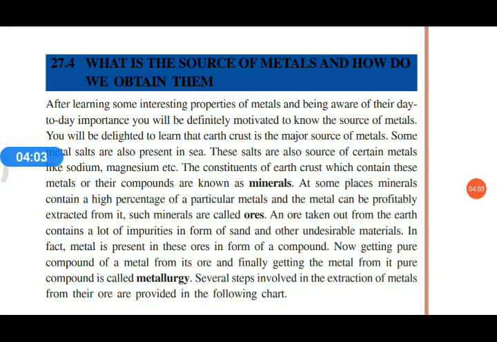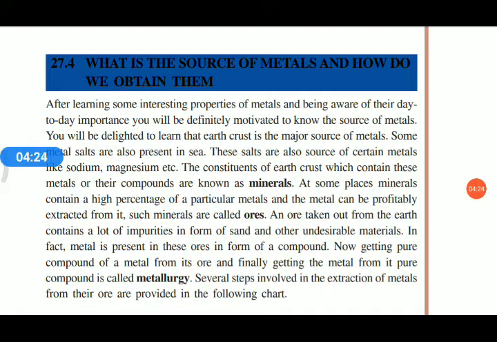Then what is the source of metals and how do we obtain them? From where do we get the metals? Metals are very important in our everyday life. We can't live without metals, so we want to know where we get them from.